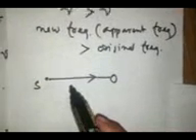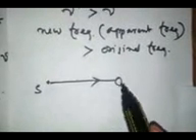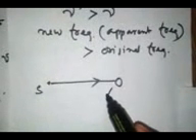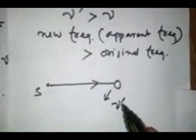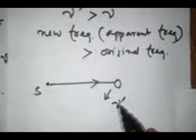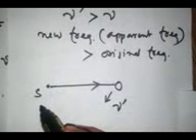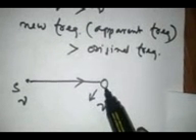If the source is producing a frequency nu, this is the frequency of the sound produced by the source, and this is the frequency of the sound heard by the observer.